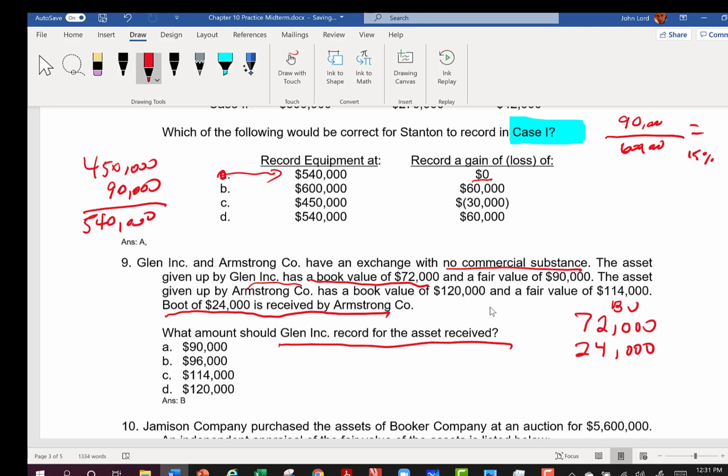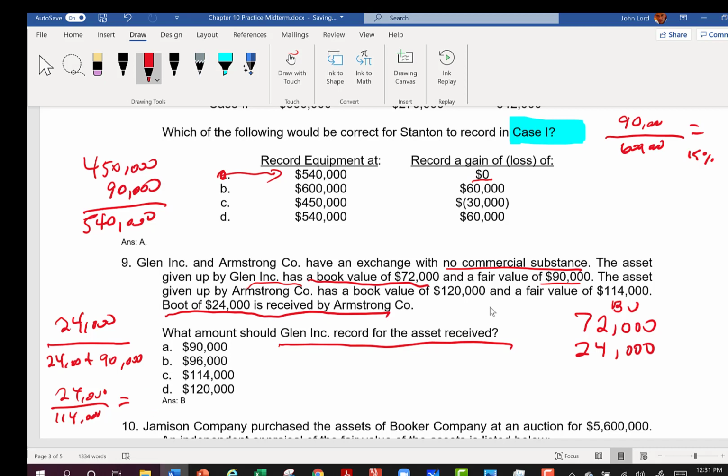So the cash was 24, and the fair value of all the consideration was the 24 plus the fair value of the machine that Glenn gave up. So 24,000 divided by 114 gives me 21%.